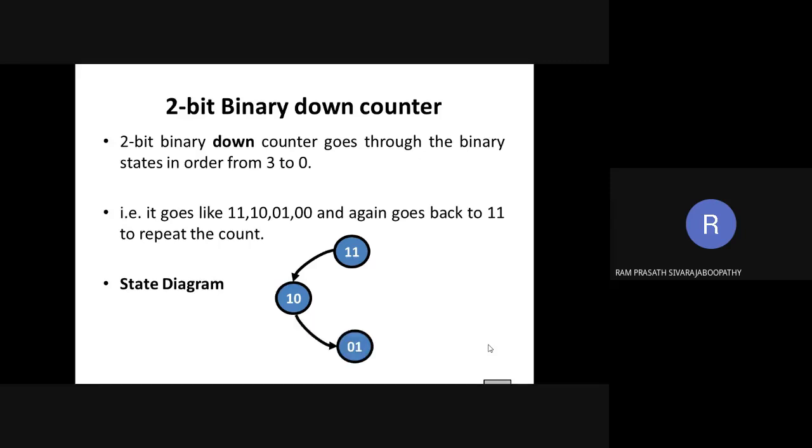Very good. Next, 0 0. Very good. What about next? Very good. From 0 0 it goes back to 1 1. Correct? Okay. So now it has to be converted into a state diagram. Just take the screenshot. I will move to the next slide.